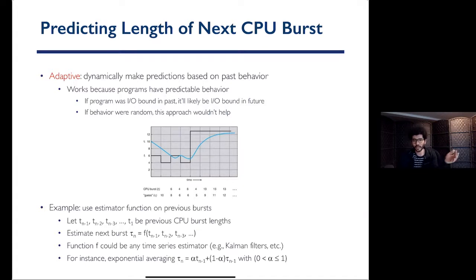For example, in the case where we had this task C, let's say initially I didn't know how long it takes to run on CPU and how long it takes to go for I/O. I could just make some observations. And then if I see this is recurring, that C just goes for 1 millisecond of CPU burst and 9 milliseconds of I/O burst, then I can conclude or predict that next time this is going to be the case as well.